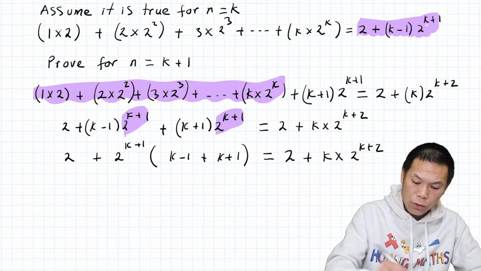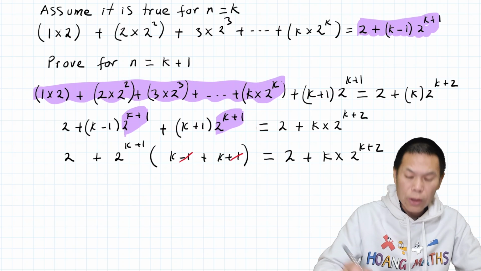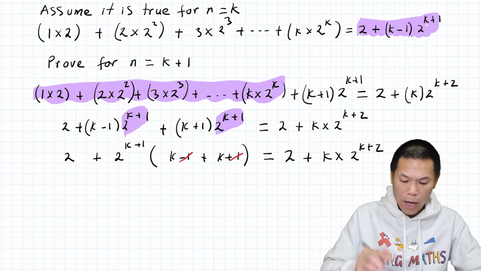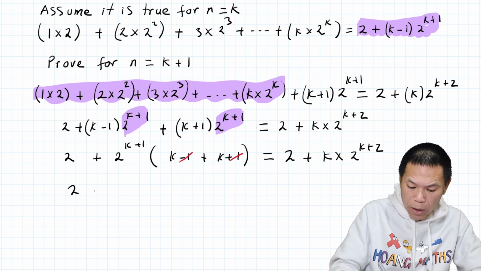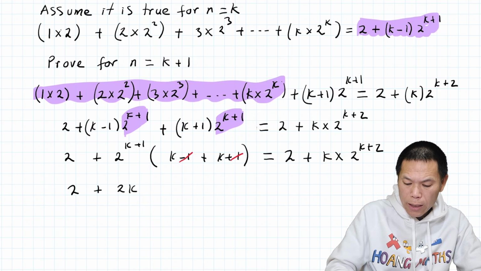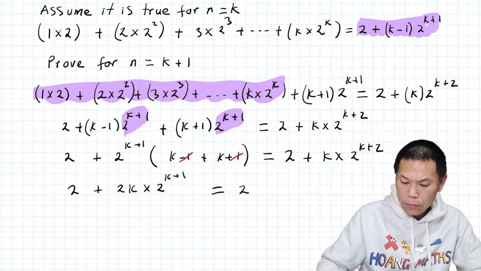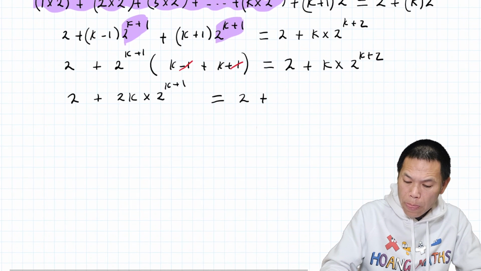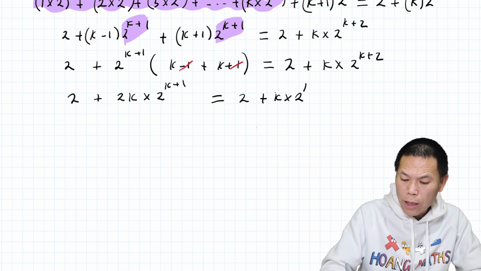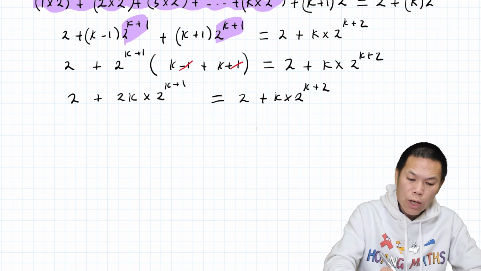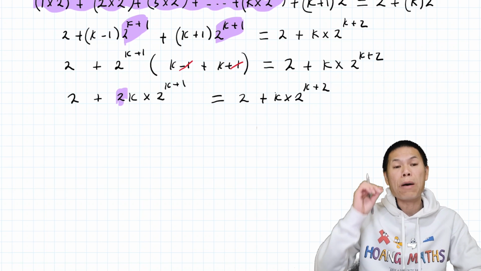And we know that these two here cancel out. So that we are left with k plus 1 is 2k. So that is 2 plus 2k times 2 to the power of k plus 1 is equal to 2 to the power of k plus 2. So k times 2 to the power of k plus 2. And we know that 2 is 2 power 1.